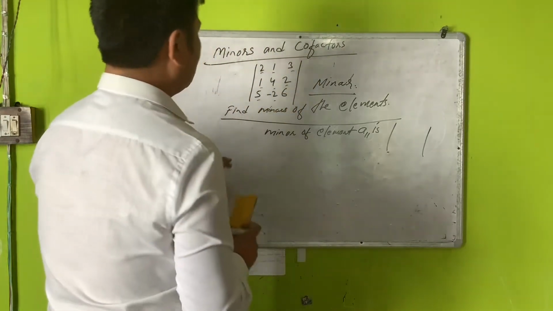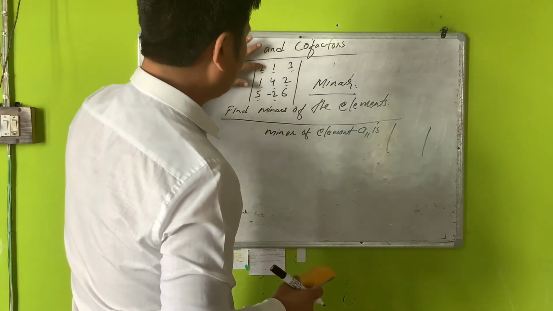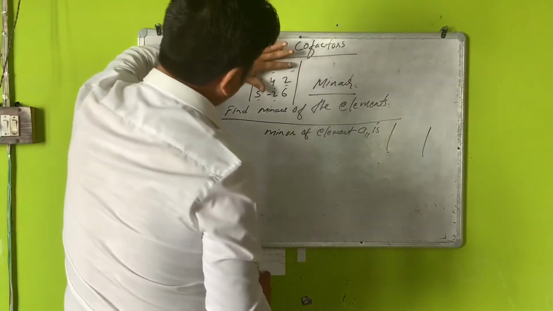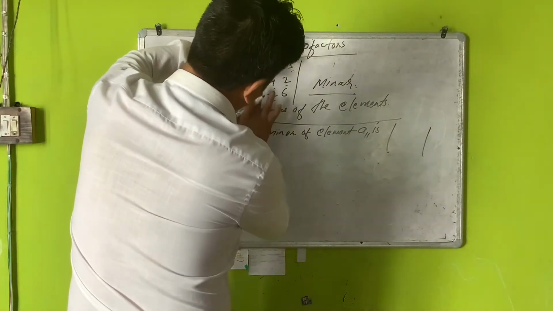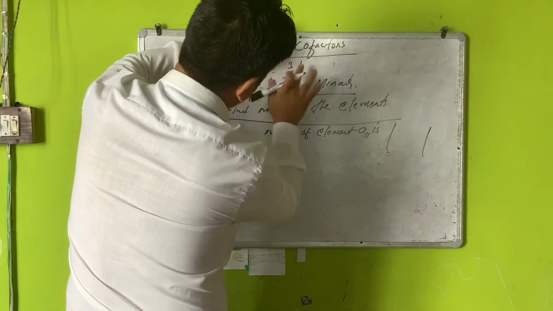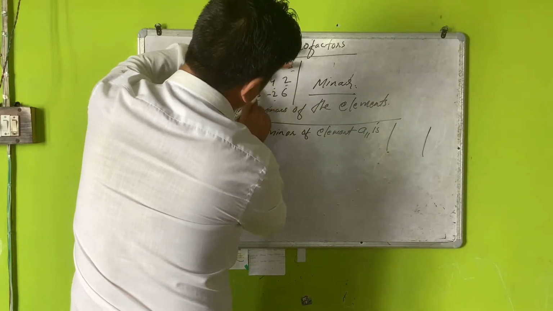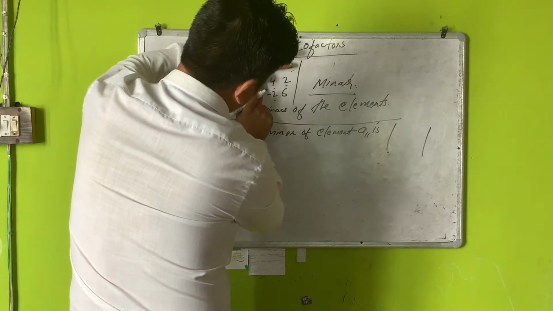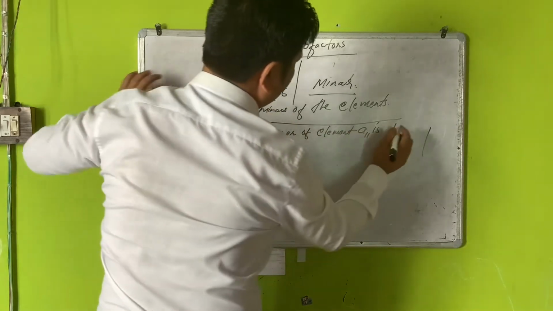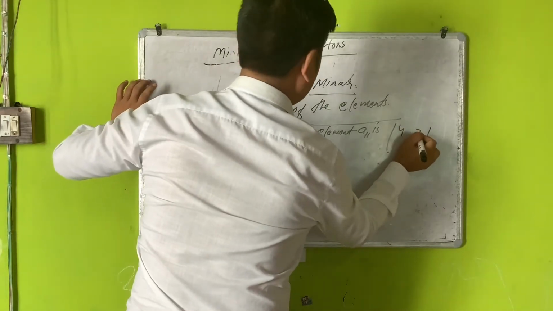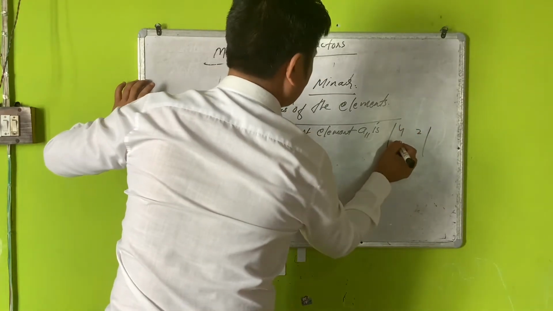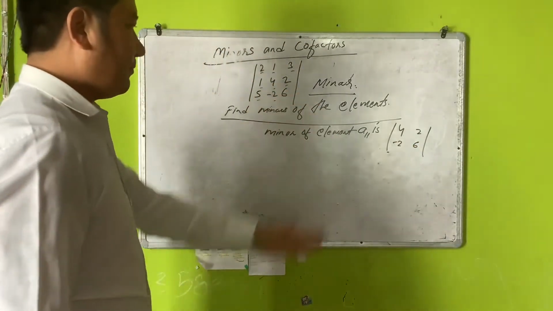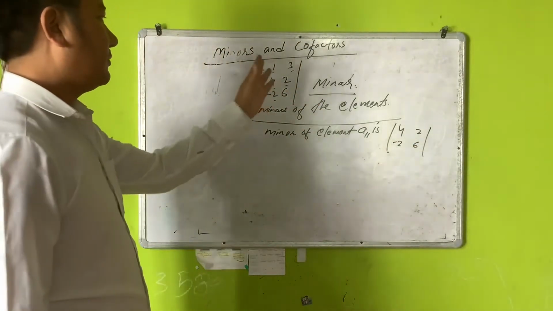This is the first element. So for its minor, you have to close this row and this column. Whatever remains is the minor. See, 4, 2, -2, 6 remains. This is your minor of the element A11.